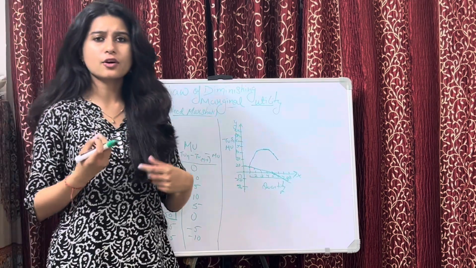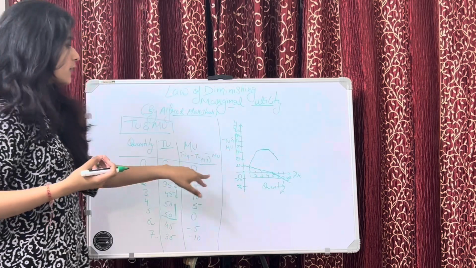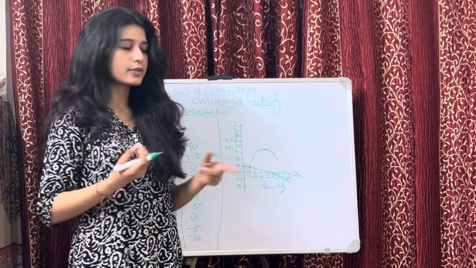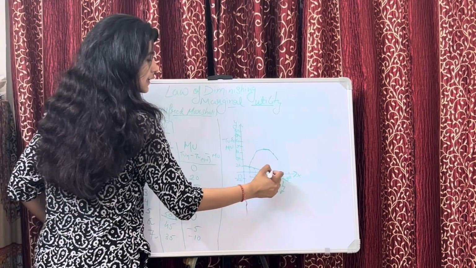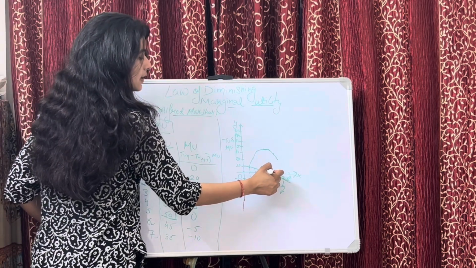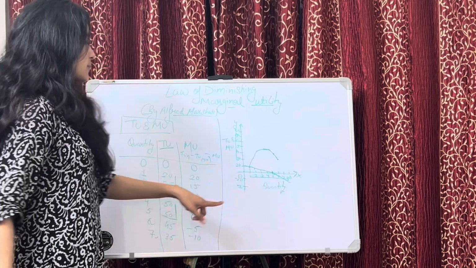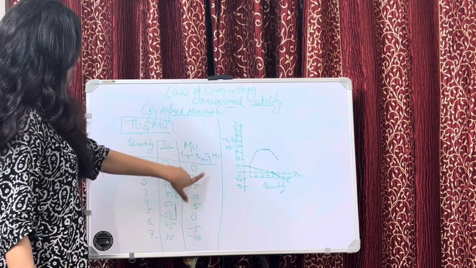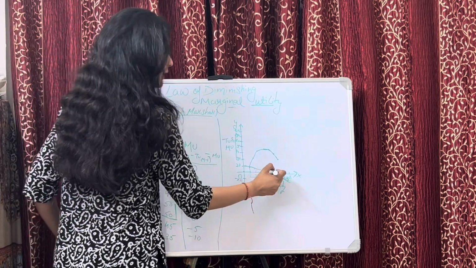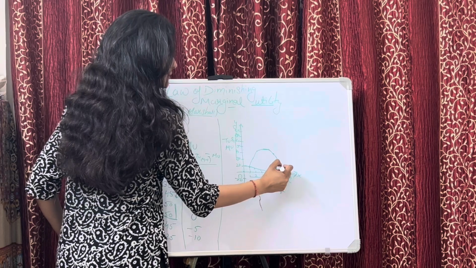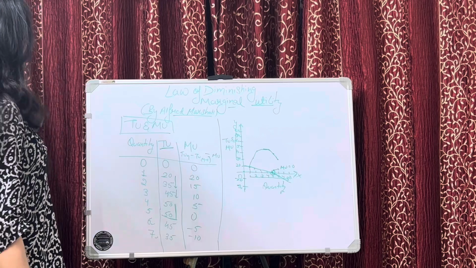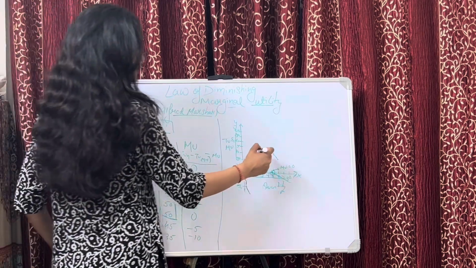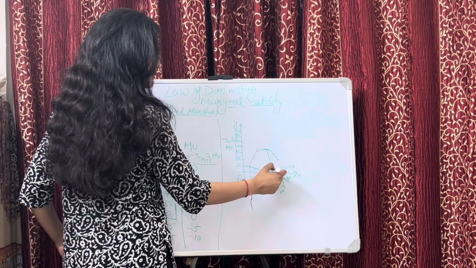You don't need to draw the diagram exactly to scale, you can draw on the basis of the idea. So the line will be something straight, cutting the x-axis at the fifth unit, because at the 5th unit of commodity the marginal utility is 0. So here the MU is 0, okay. So when the MU is 0, the total utility will be at its maximum.